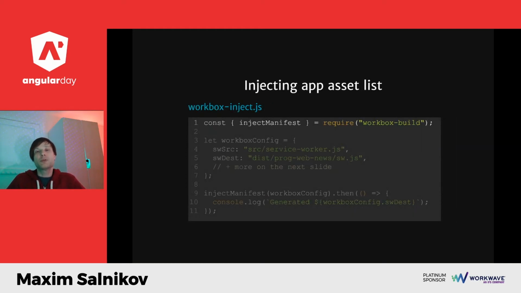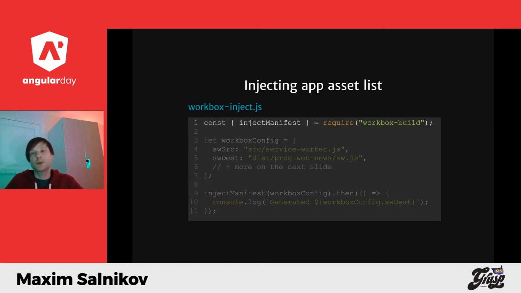Now, time to enrich our Service Worker with the information about our application. This is why we have to create a small file. I call this workbox-inject.js, and it's a file to run using Node, so to run right after the application build. So it's not part of the runtime of our application. It's part of our build process.